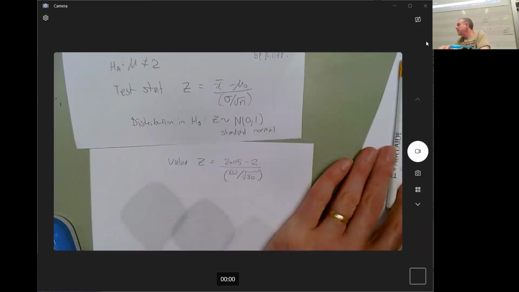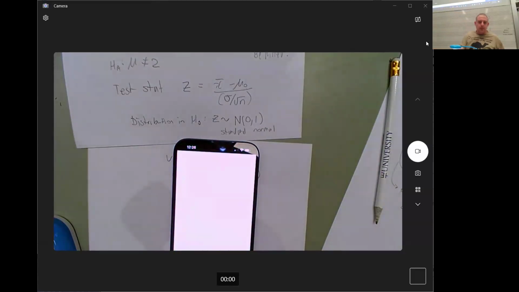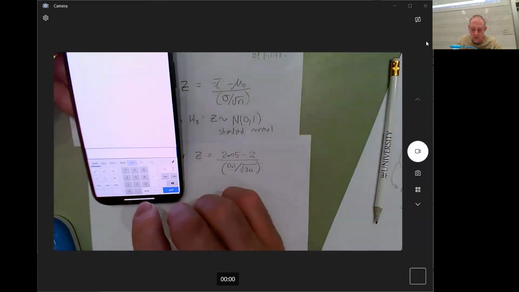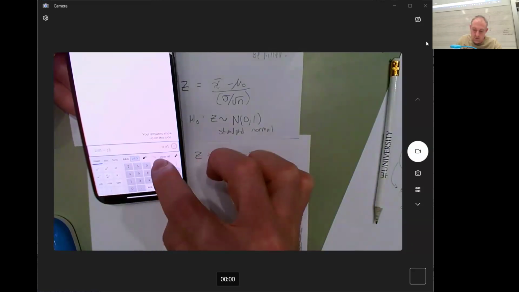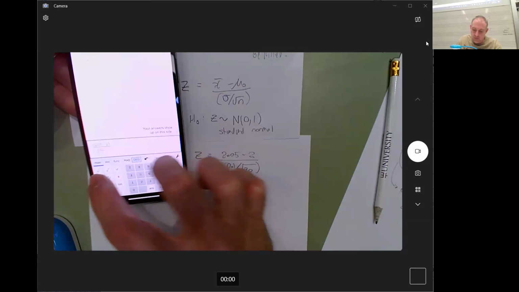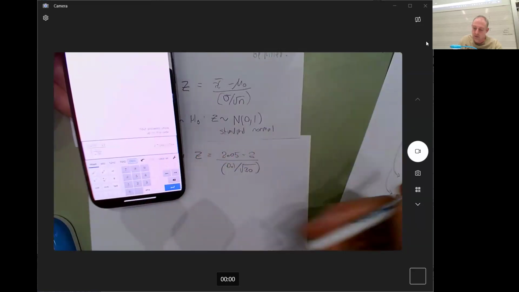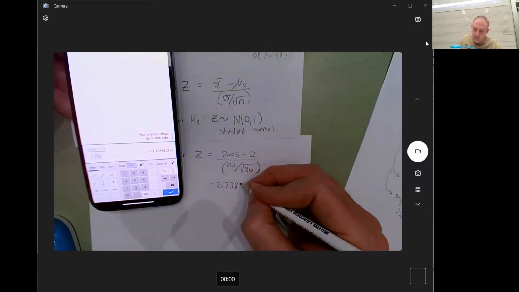And that will require me to calculate (2.05 minus 2) divided by 0.1 divided by the square root of 30. 2.738, whatever.